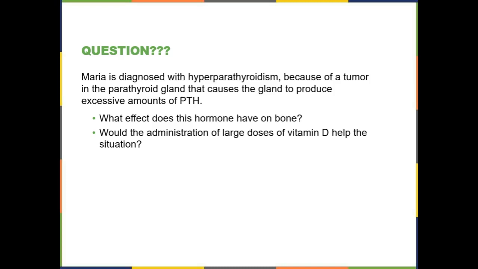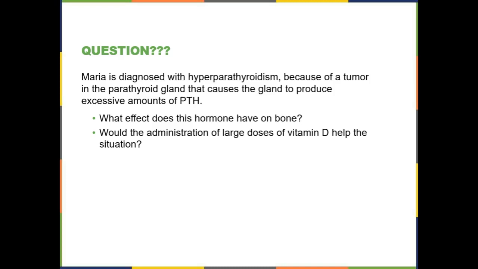Maria is diagnosed with hyperparathyroidism. She has a tumor on the parathyroid gland that causes the gland to produce excessive amounts of parathyroid hormone. So the first question, a straightforward question: what does parathyroid hormone do to bone? What type of an effect?